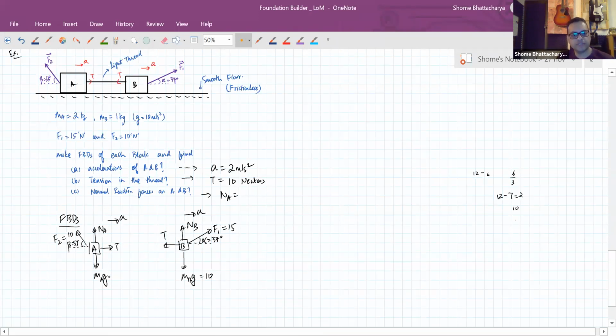This one's weight is 20, so this will become 12 newtons. The normal reaction on B, you should be getting as very less, 1 newton.